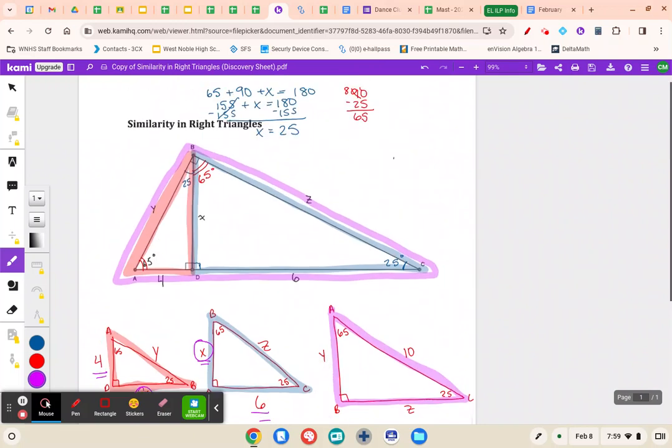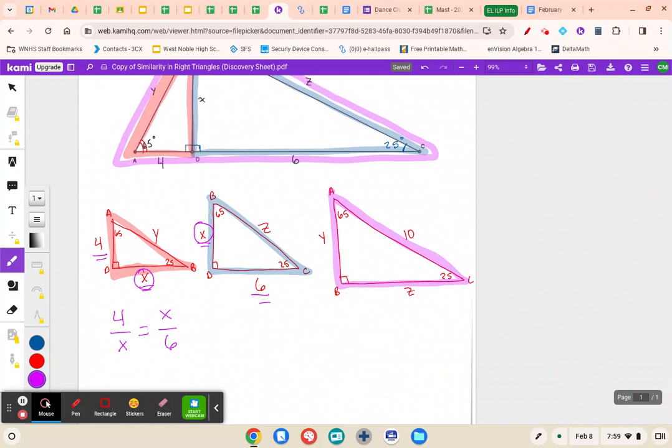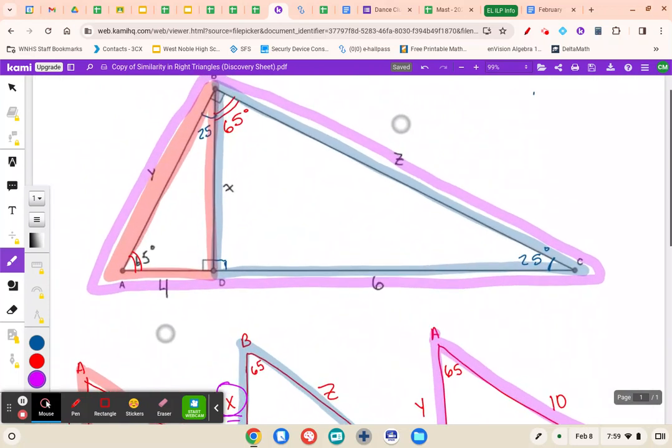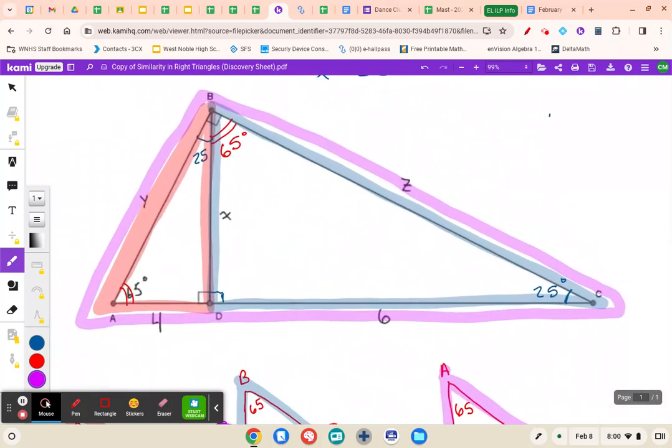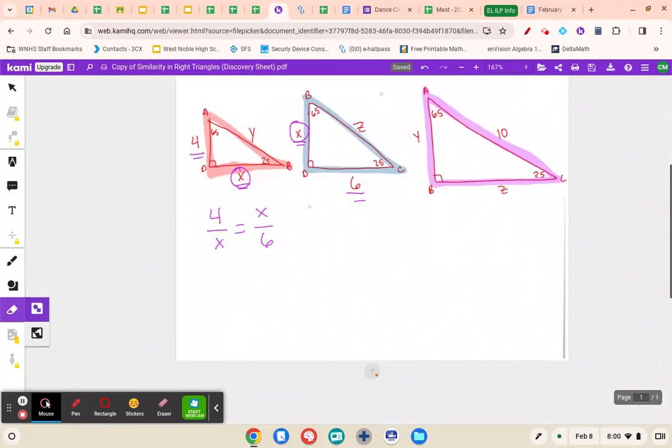Now, that gets a little tricky when you don't have these singular little triangles drawn out, so you can easily find your proportion to set up, because you'd have to be like, okay, this is the long side, and it's shared, so this is the short side in the other triangle, and then this is the short side, and this is the long side, and you have to really figure it out. So I'm going to give you a quicker way to think about this, but let's finish talking about it.